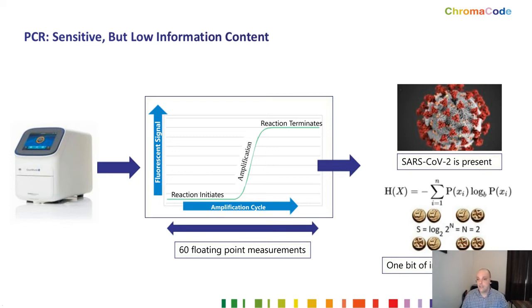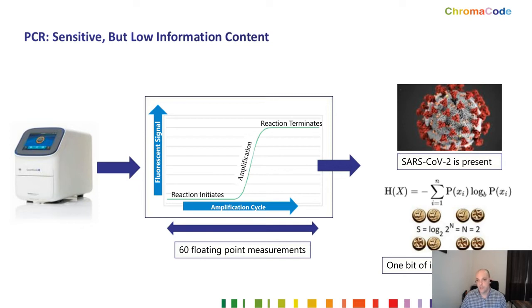So in the case here, if you think about the PCR, we started with a simple PCR curve: reaction initiates, amplification, reaction terminates here. You get one piece of data out in the case of, let's say, a SARS-CoV-2 assay that we currently have on the market, or any assay that you might be developing. You measure 60 floating point measurements.